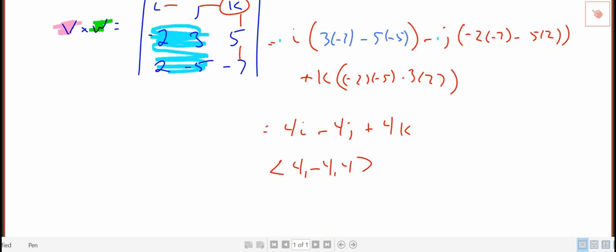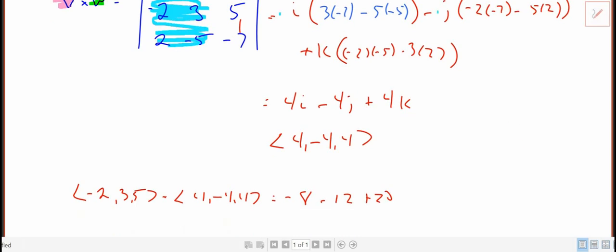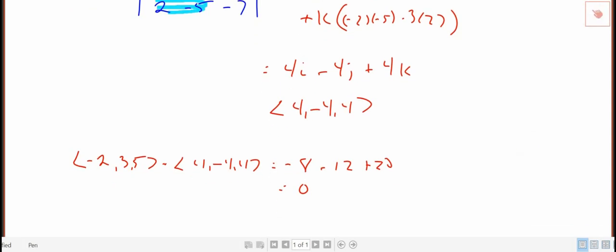If I look at the first one, -2, 3, 5, the dot product with 4, -4, 4 would be -8 minus 12 plus 20, and that does turn out to be 0. That should always happen, and it should happen with the second one as well. Just another quick way to verify that you've got the correct cross product.